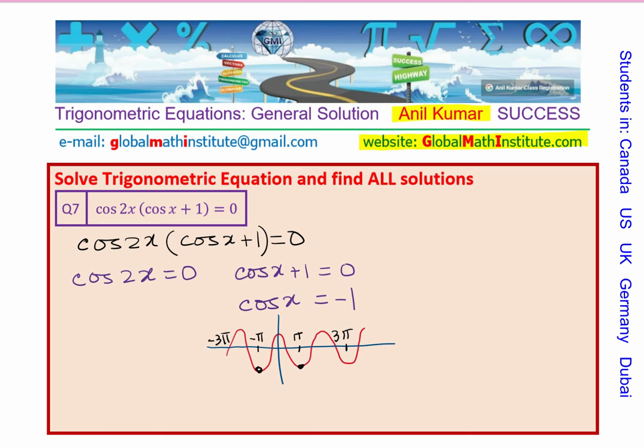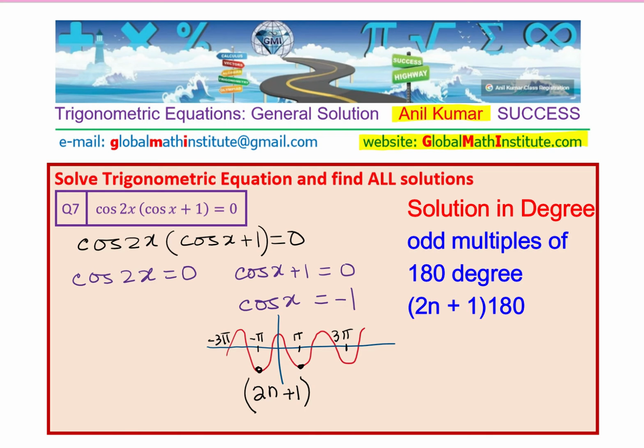You get the idea. So we could write all this as an odd multiple, which means 2n plus 1. 2n is an even number, so 2n plus 1 is an odd number, and then we write pi here.